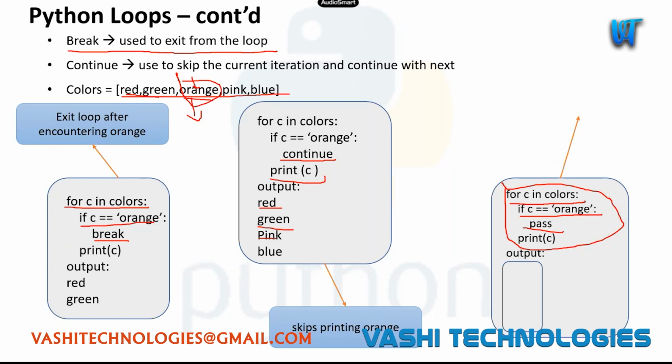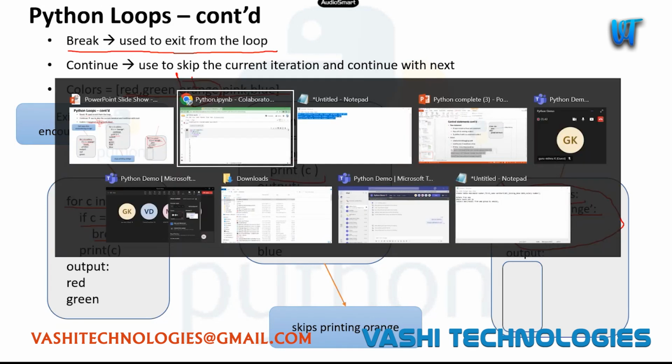If you have seen the first and second statements based on break and continue, we got different outputs, right? In the third for loop, I have used pass. So what will be the output in this case? Any guess?